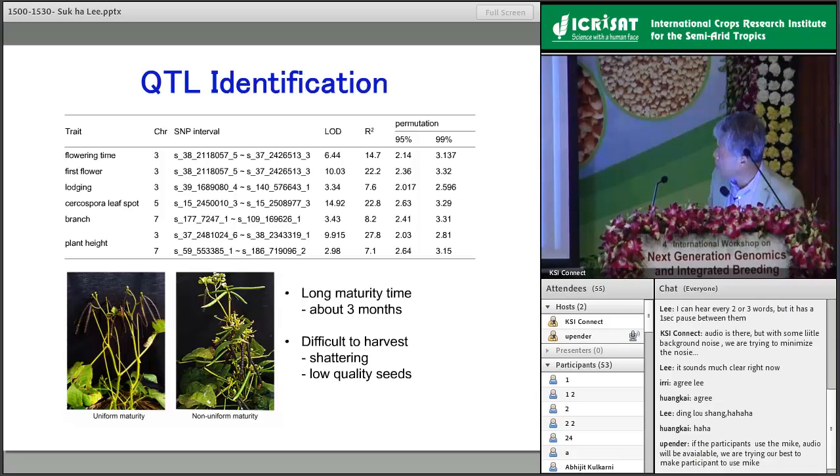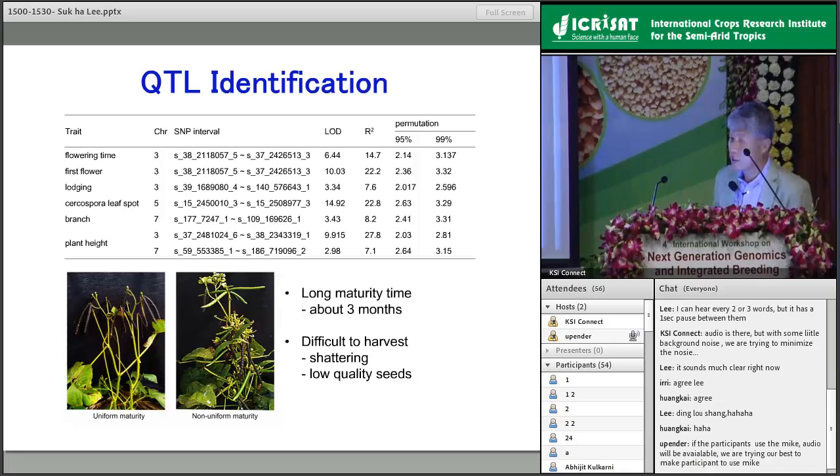But for mungbean, it is very difficult to harvest one time because some pods are already mature, while other pods still maintain green color. So farmers should harvest two or three times.